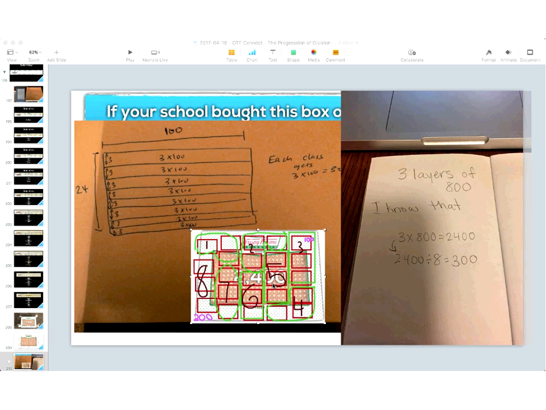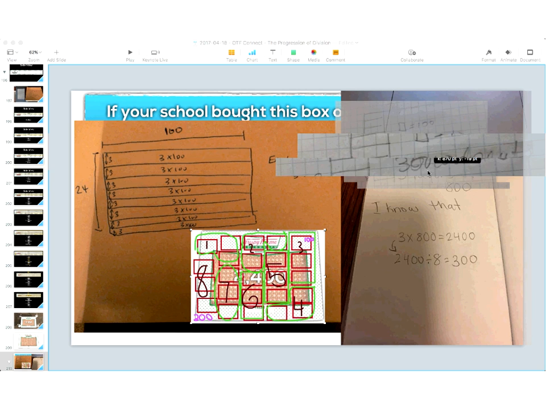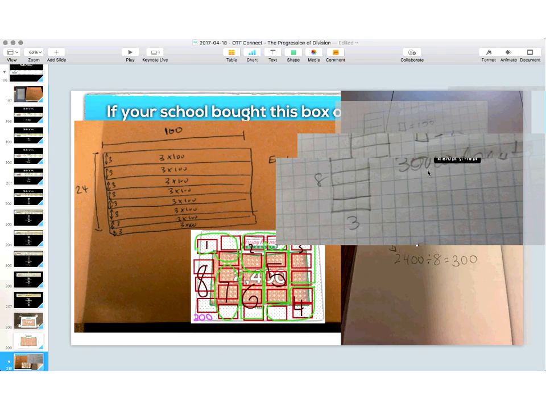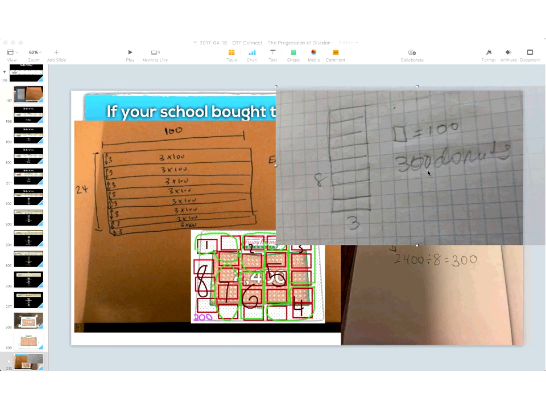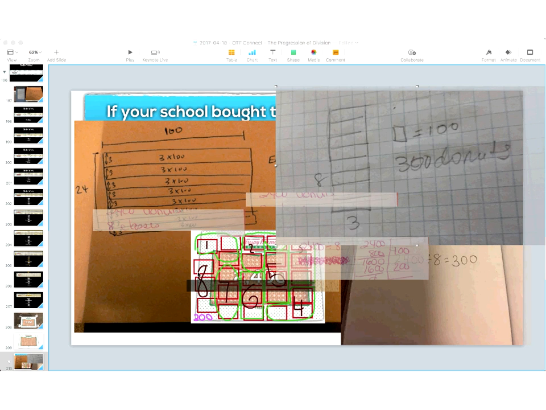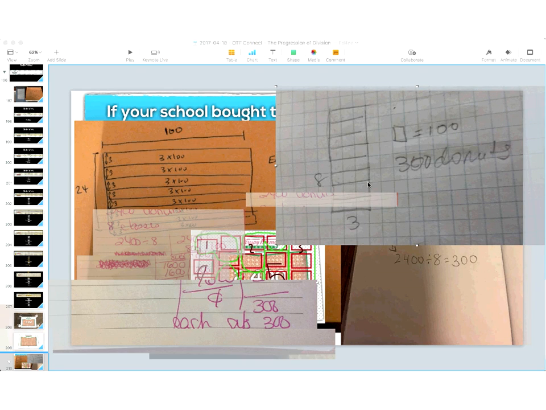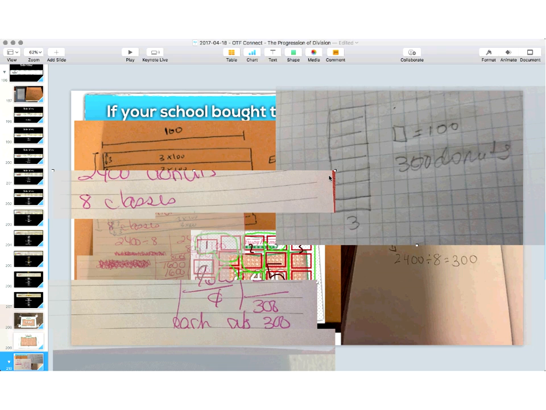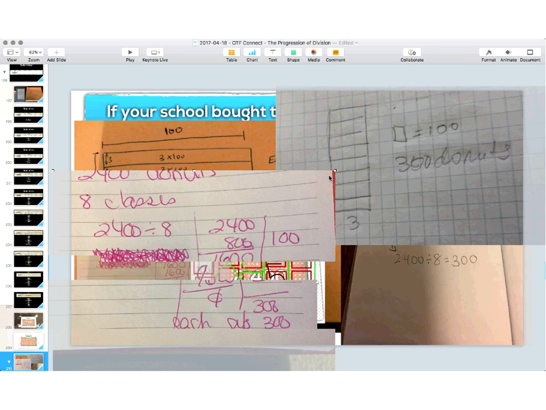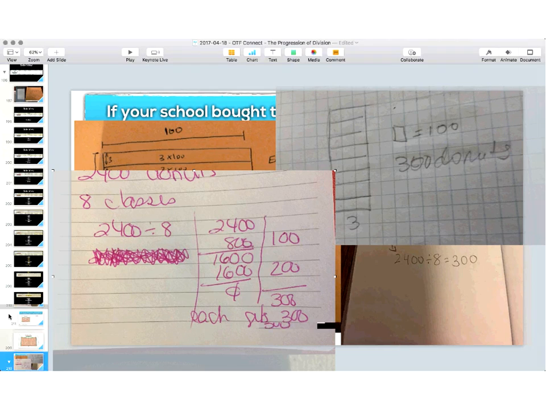Awesome stuff. And then we have another array as well that I'll share up on the screen. So lots and lots of different strategies here, which is really cool to see, and I really appreciate our friends who have shared their thinking with us up on the screen. So lots and lots of good thinking there.